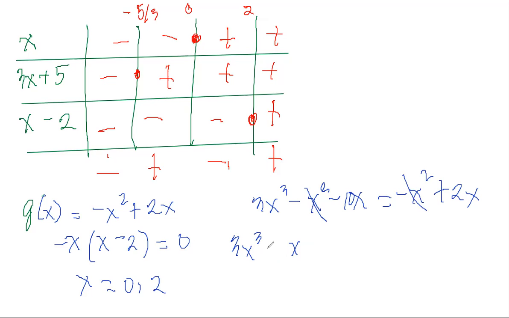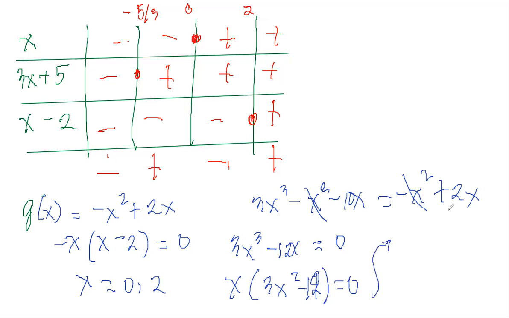So this becomes negative 12x. Yeah, negative 12x, right? And we can factor out: 3x squared minus 4, minus 12, equals 0.